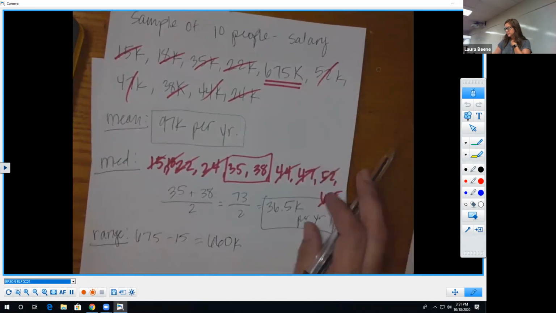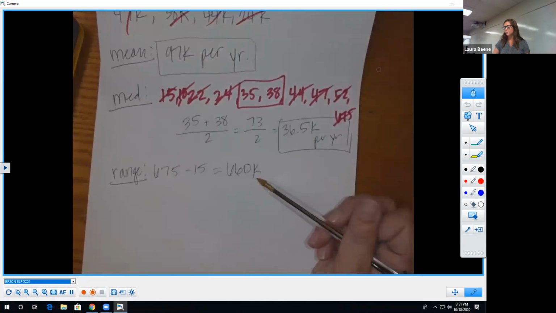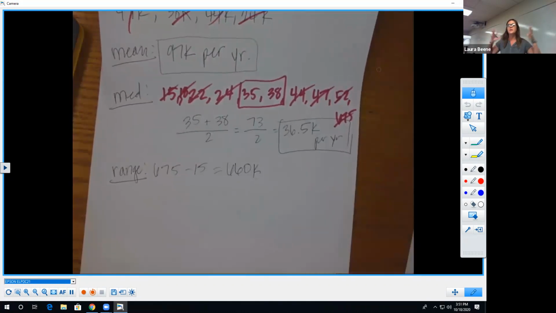Okay, so when you are talking about range, you want to be aware that a really, really big number means that your numbers are very, very spread out, or at least your lowest and your highest number are very spread out. If you have a small range, it means that your numbers are all kind of grouped together.